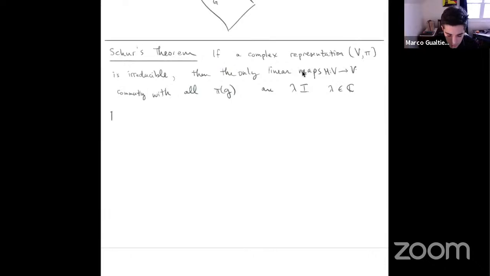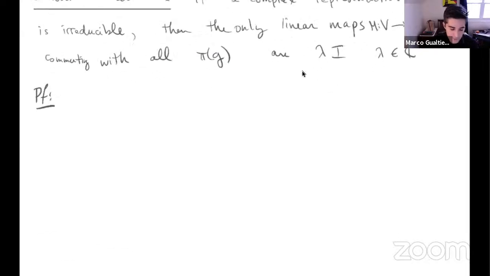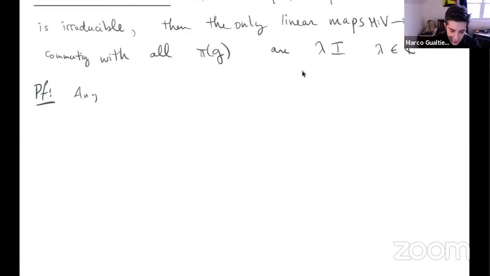So here's the proof, a pretty simple proof. Any such M would have an eigenvalue, because we're over the complex numbers.